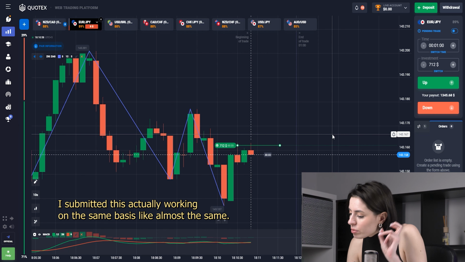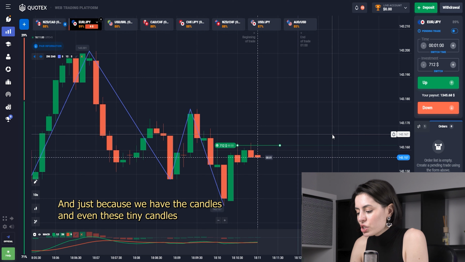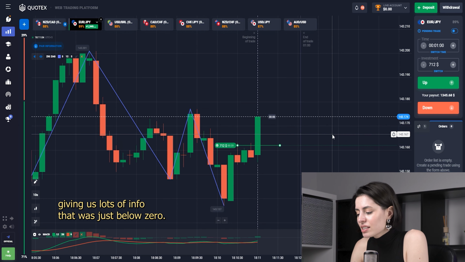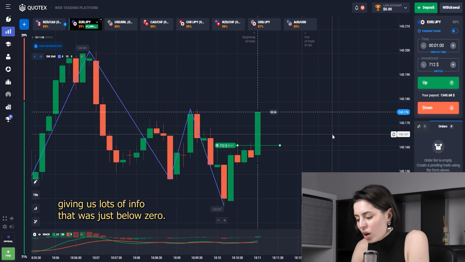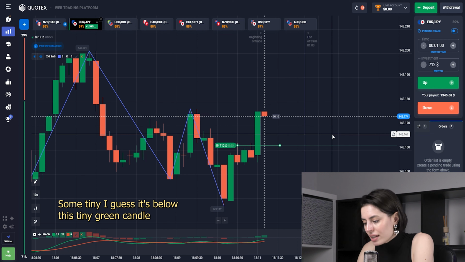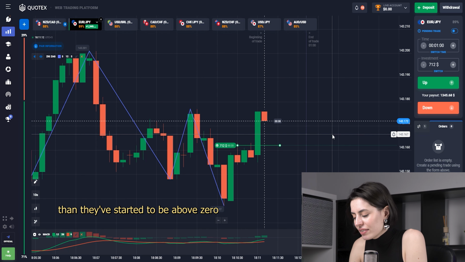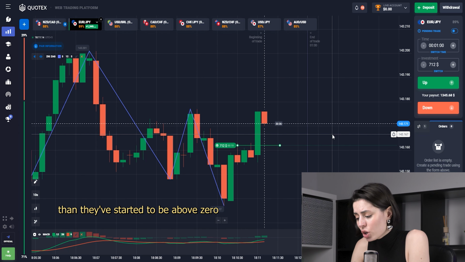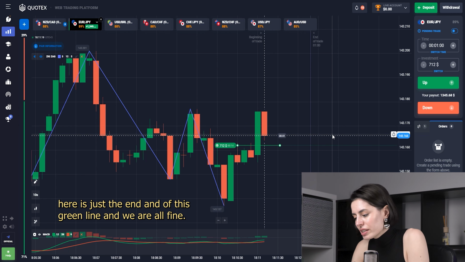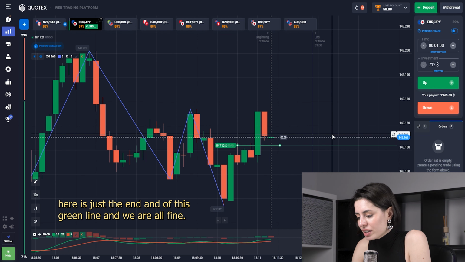And because we have the candles, even these tiny candles give us lots of info. It was just below zero, a tiny green candle, then they started to be above zero, and you may see it, so we cut it. Here is just the ending of this green line, and we are all fine.